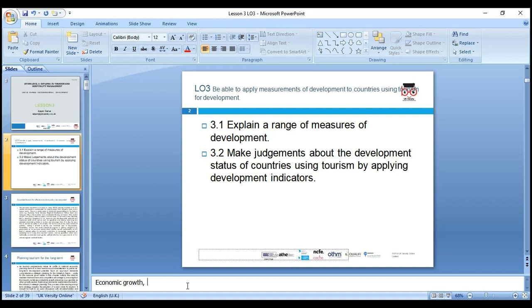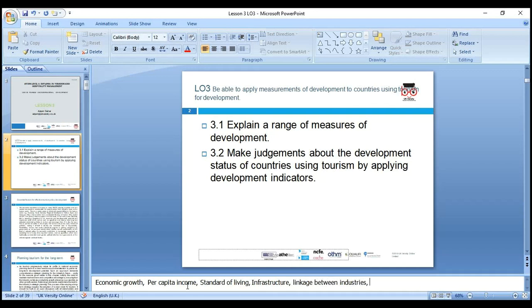Brilliant. So we can look at economic growth rate. We can look at per capita income. We can look at standard of living. We can look at, of course, infrastructure. And we can look at linkage between industries.